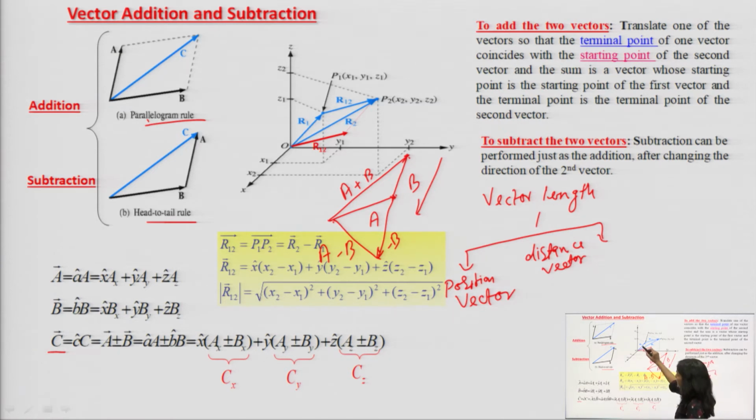As for example, this R1 indicates the position vector of P1, however R2 indicates the position vector of P2. This R12 indicates the distance vector from point P1 to P2. So this is the difference between position vector and distance vector.